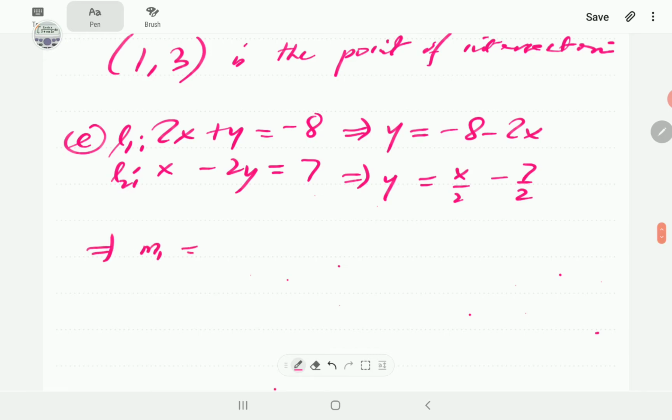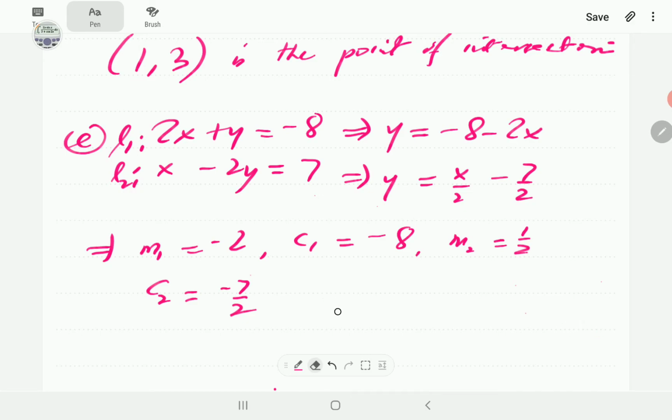So this tells us that m1 is -2, c1 is -8, m2 is 1/2, and c2 is -7/2.